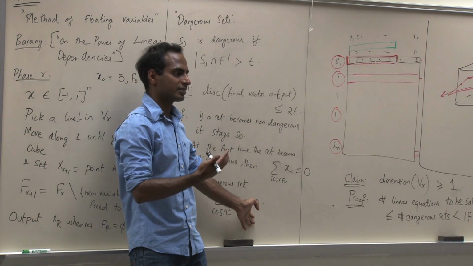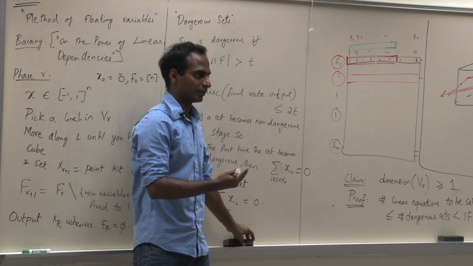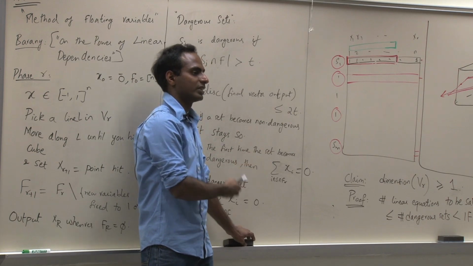The sum of every dangerous set is 0, and the first time it became non-dangerous, the sum is still 0. Just before that it was 0, so it stays 0 even now.